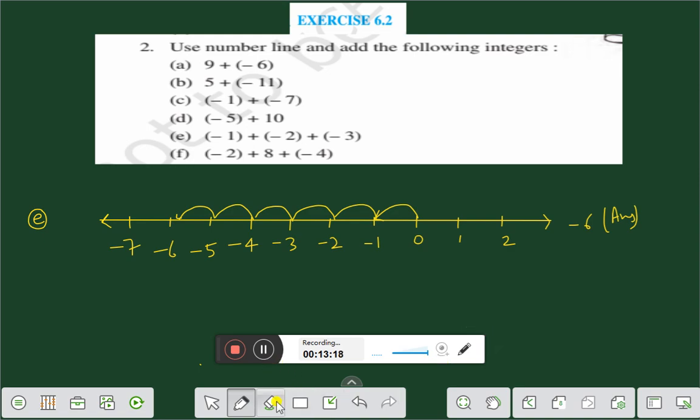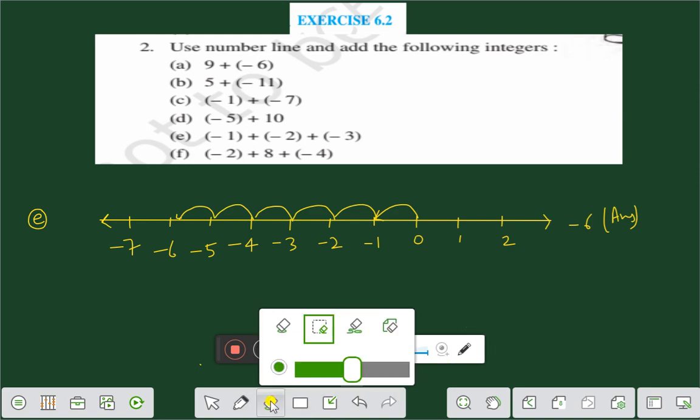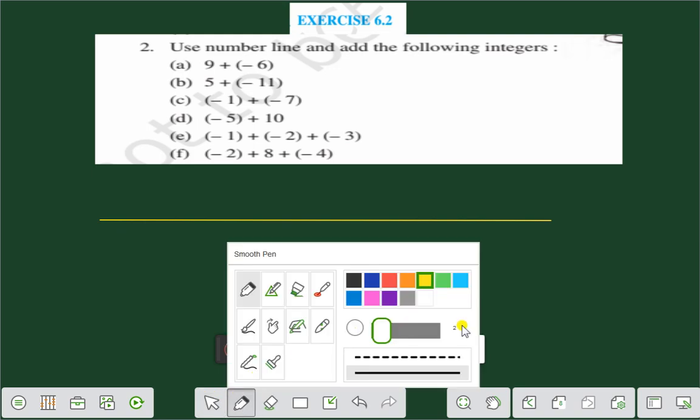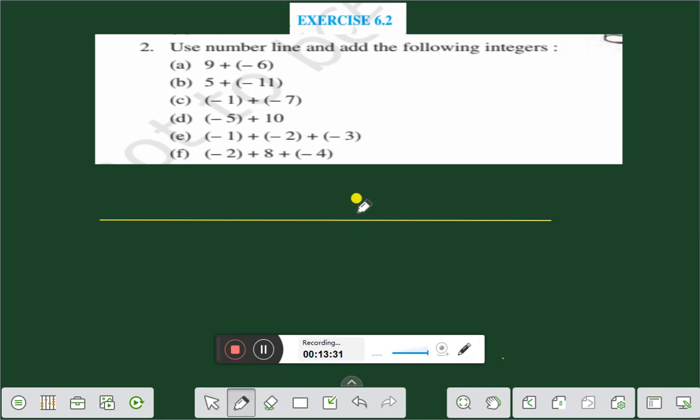Now let us do question number F. This is a number line.